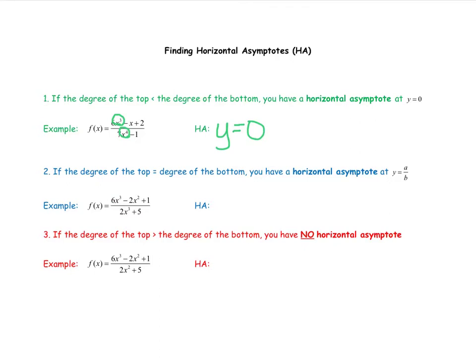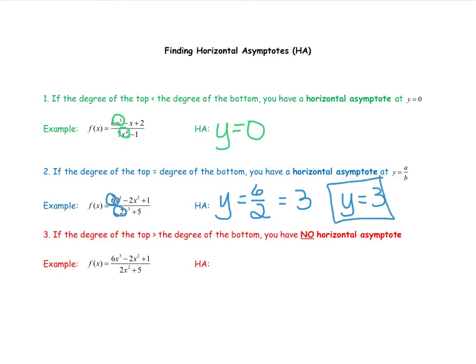So it would look like this. We would have y equals, and then we said a is the coefficient, which is 6, and then this coefficient, which is 2, and then we would just reduce. 6 divided by 2 is 3. So this horizontal asymptote would be at y equals 3.